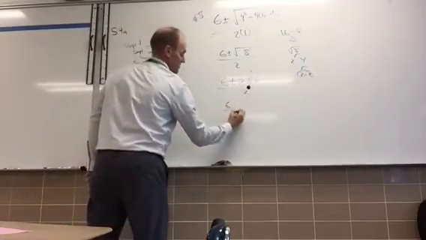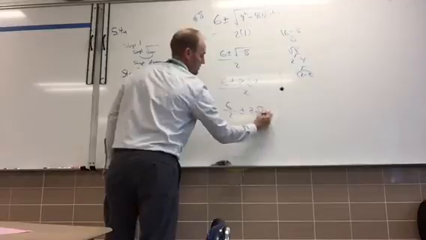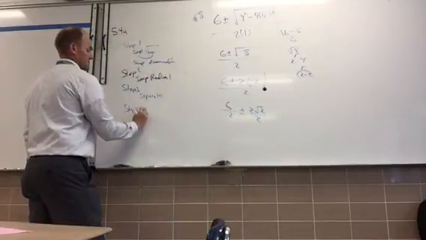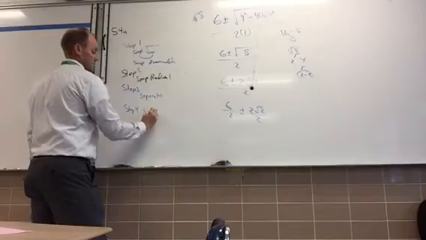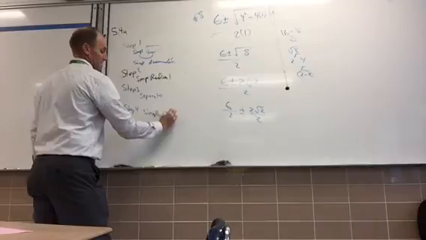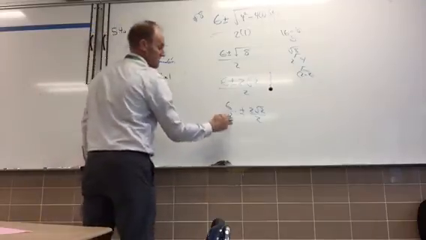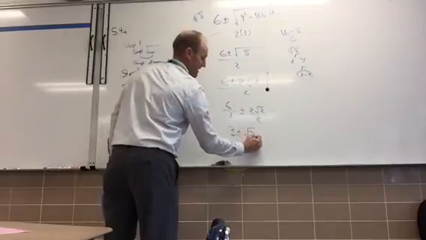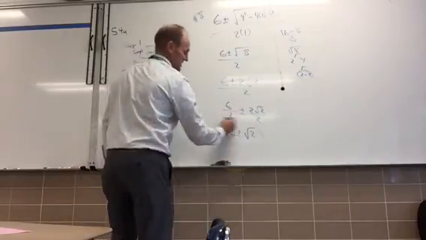So this is 6 over 2 plus or minus 2 root 2 over 2. And then step 4 would be to simplify each of the fractions. So 6 divided by 2 is 3, and 2 divided by 2 is 1. I could put 1 square root 2, or just leave it like that.